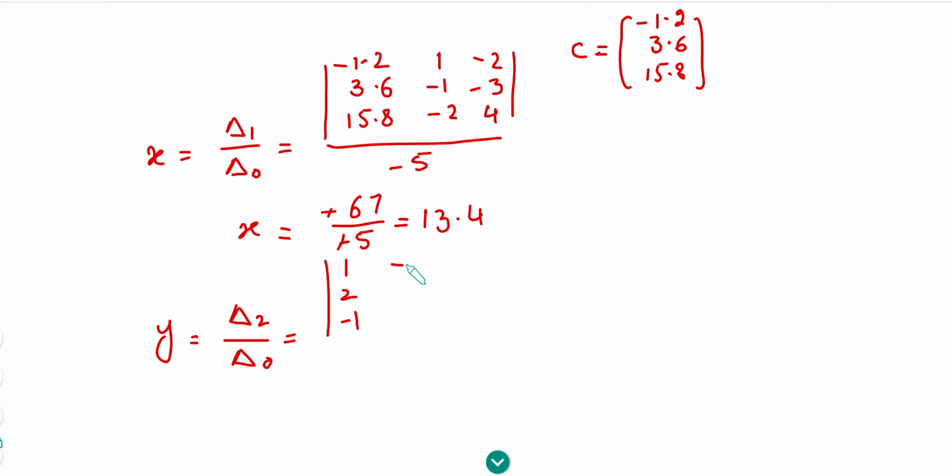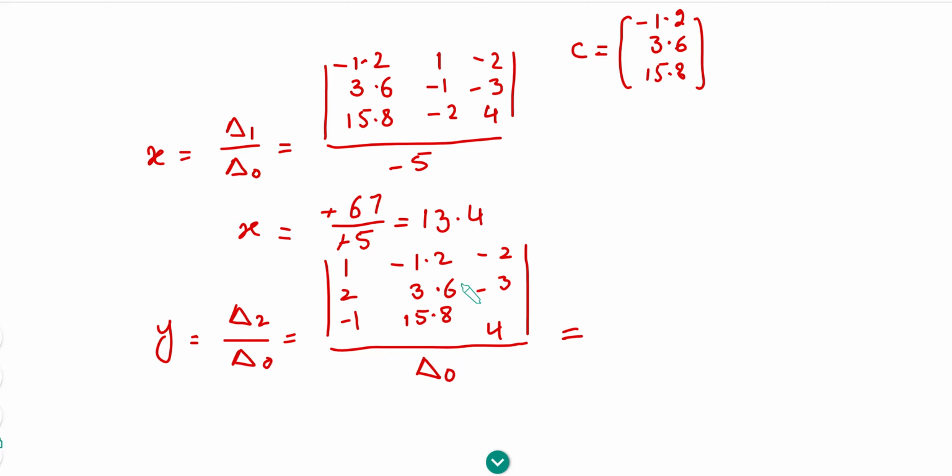The second one will be negative 1.2, 3.6, 15.8, and the third column will be the same, negative 2, negative 3 and 4. We need to find the determinant, delta 2, divided by delta naught, which is negative 5.